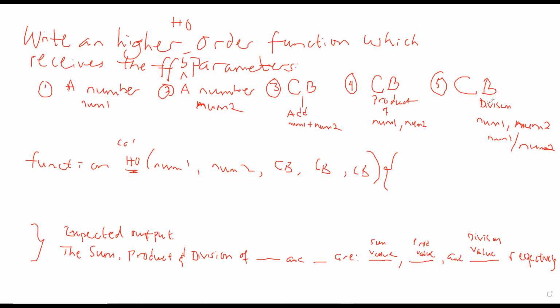And this other callback must be the one doing the division. You see, I've already started talking about the implementation. All I want is just this output. That is all I want.